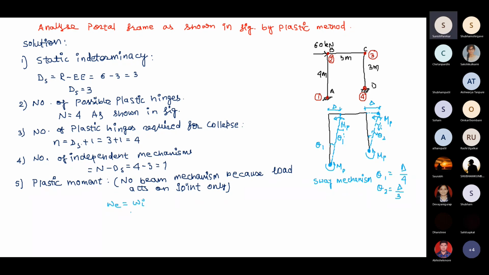WE is equal to WI. So we have load over here 60 kilonewton. So 60 into delta is equal to 2 MP theta 1 plus 2 MP theta 2, with theta 1 delta by 4 and theta 2 delta by 3.